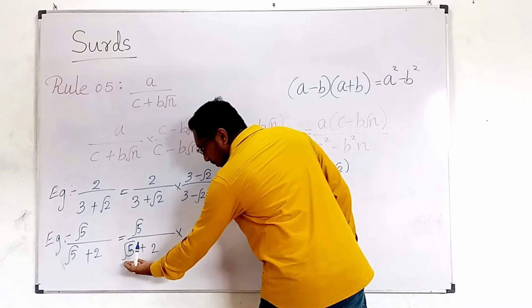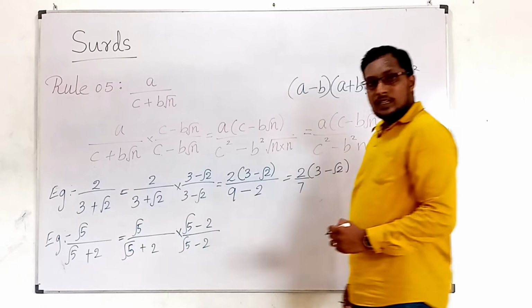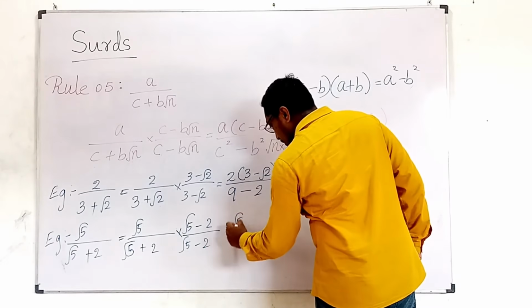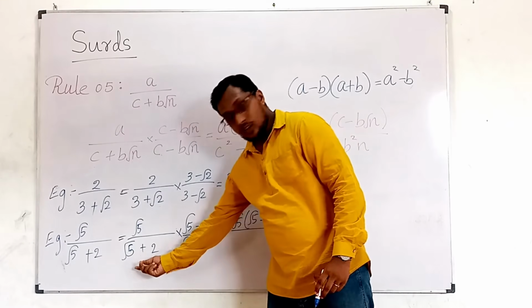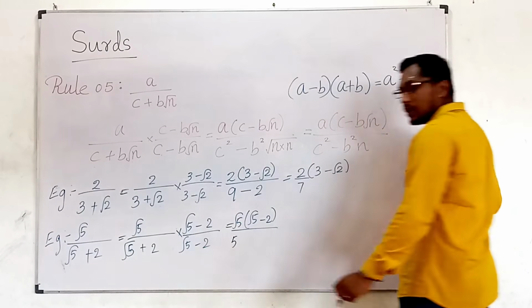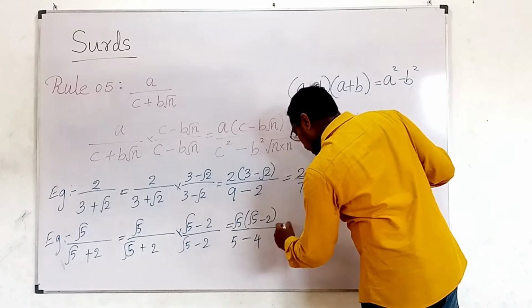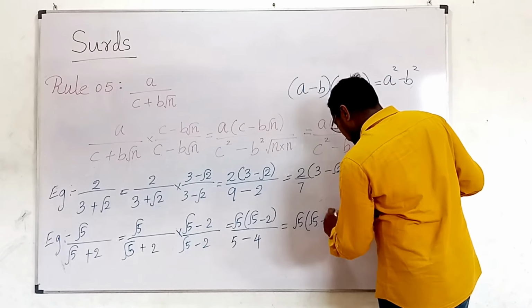When you come to the denominator, square root 5 into square root 5, answer is 5. And 2 times 2 is 4. 5 minus 4 is 1. So the answer is simply like this. Square root 5 times square root 5 minus 2.